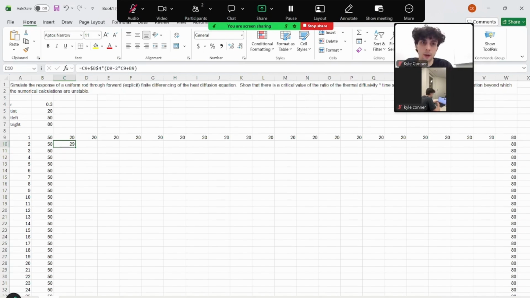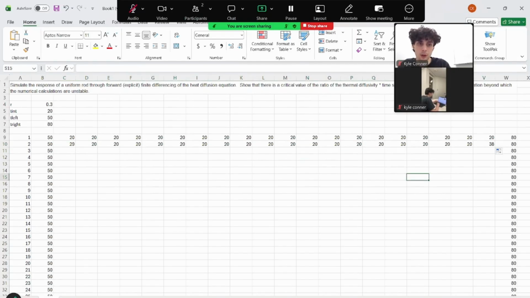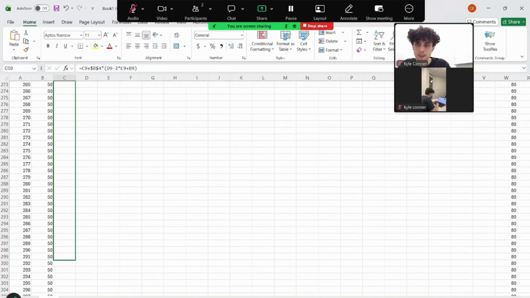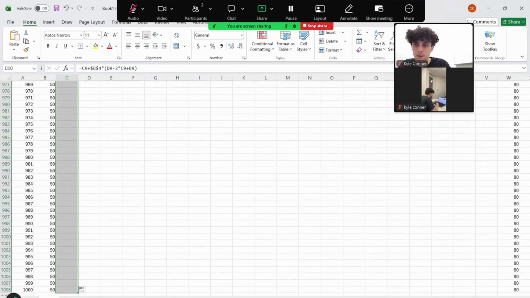So our desired value, to check before, is 29. Now we can drag this over, and we should get all these values. So I can drag this all the way down.